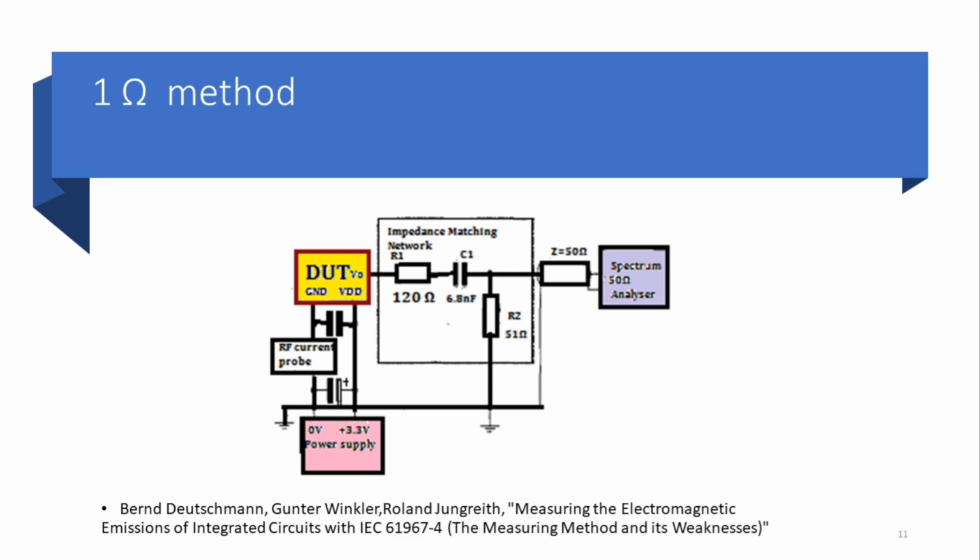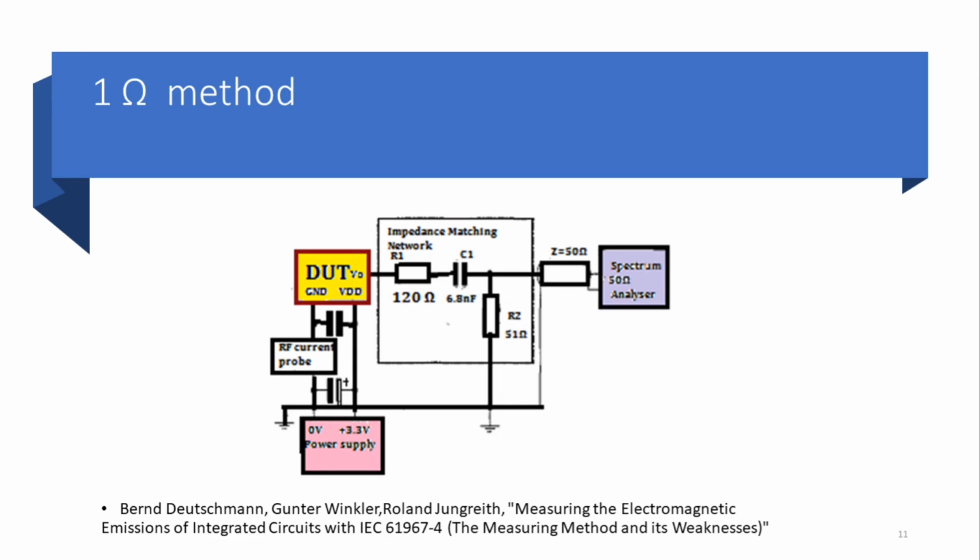Most of the RF currents return via the ground or supply pin, as this is the best location to measure the conducted emission. The RF current probe is put into the ground return path, because you will notice that they will want to pass through towards the ground, and hence the probe is placed close to the ground in the return path.